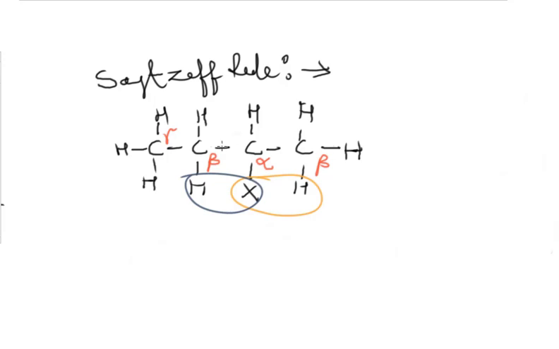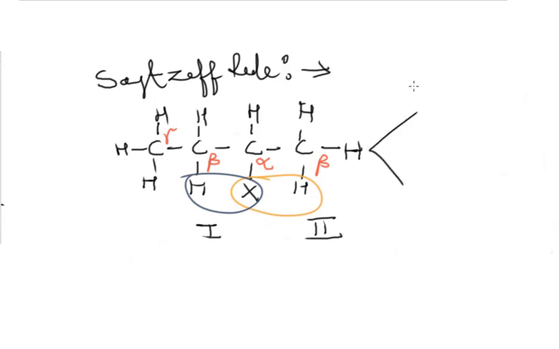Now the halogen combines with the beta hydrogen atom. Now we have two products. So let us consider, this is the first case and this one is the second case. This is the second way of removal, and this is the first way of removal. Now by this method we have two products.